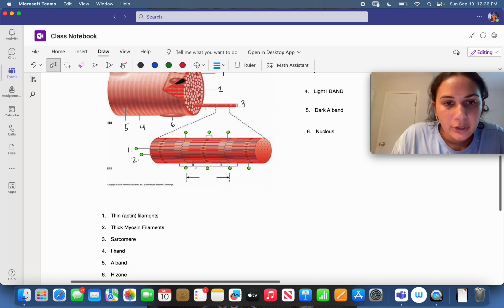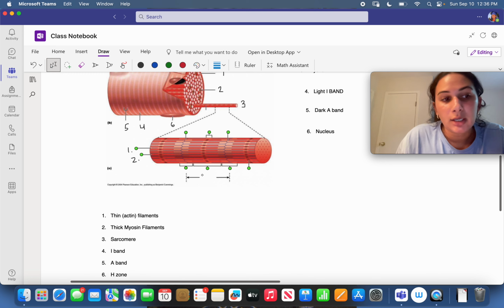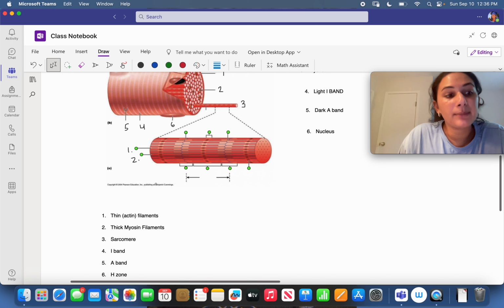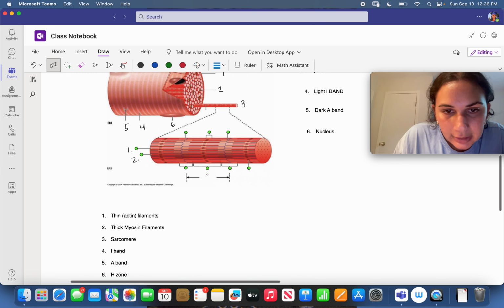Now, we're also going to have in here the sarcomere, which is the main contractile unit of the muscle fiber. It's going to have actin and myosin in it, and those filaments are going to be responsible for muscular contraction. So the sarcomere is going to be this region right here, these arrows. That's going to be 3.